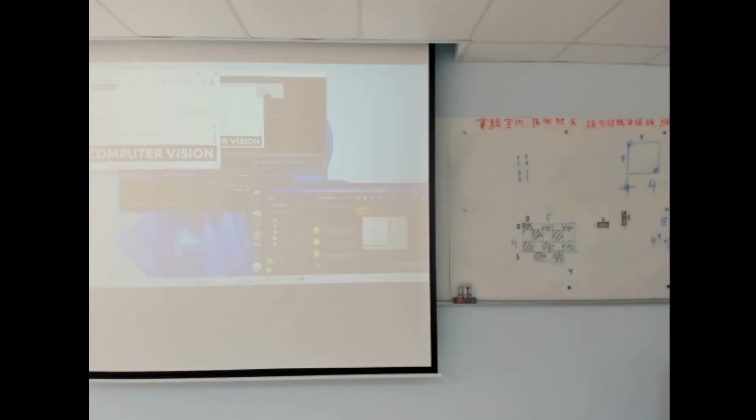Because if the center is here, and this is R, and this is R, and this is R, for different possible centers of the circle would go through pixel P1. So for constant R, the possible centers would be located around the pixel P1 in a circle.